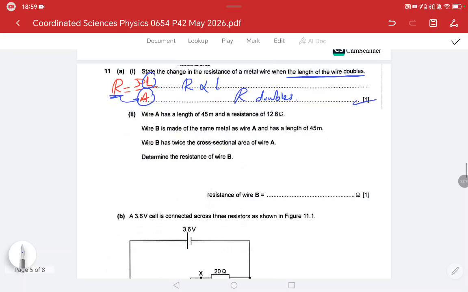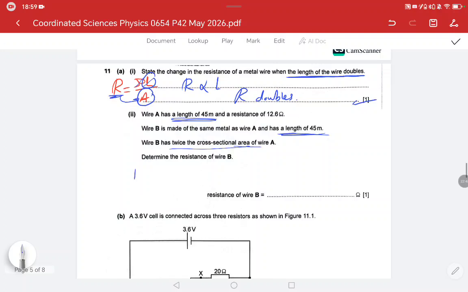Wire B is made of the same metal, so rho is the same as wire A, and has a length of 45 meters. So both have the same material and the same length; the only difference will be in A. Wire B has twice the cross-section area.